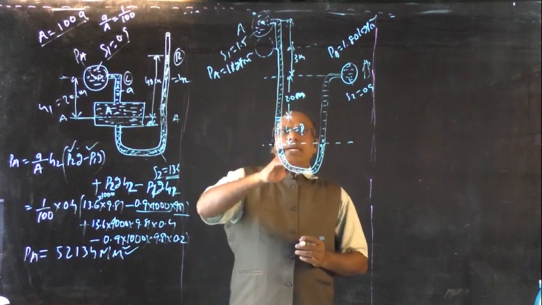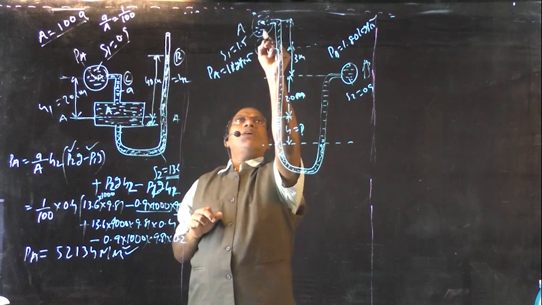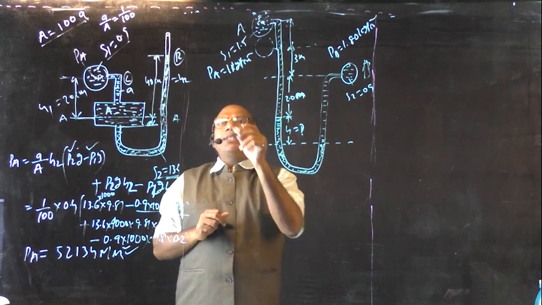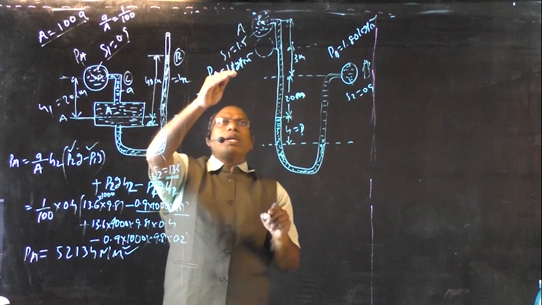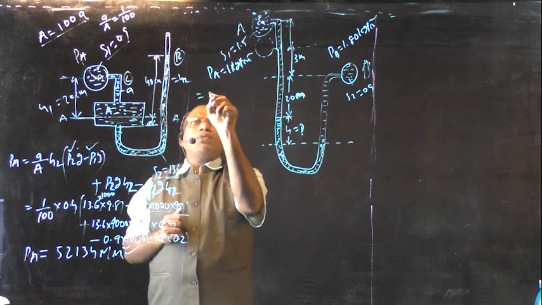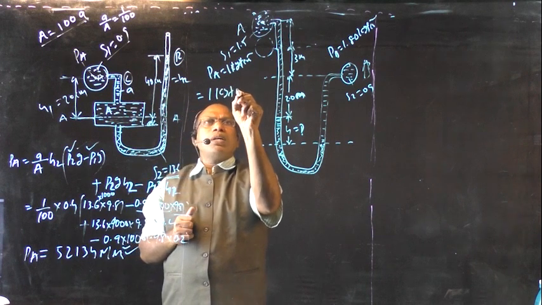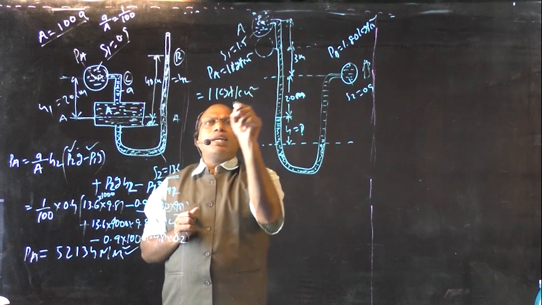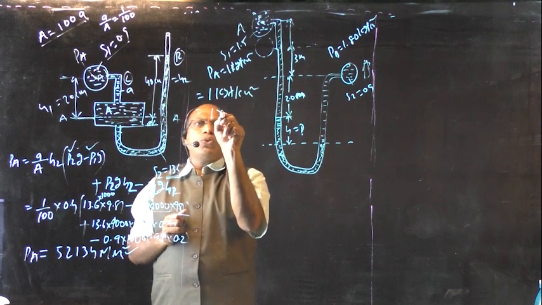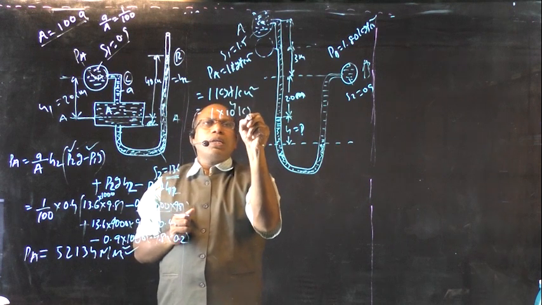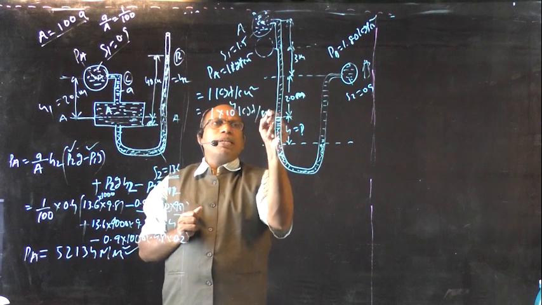Now here the pressure at pipe A is given, that is PA is equal to 1 kg force per cm square. That first converts into 1 into 10 power 4 kg force per meter square.